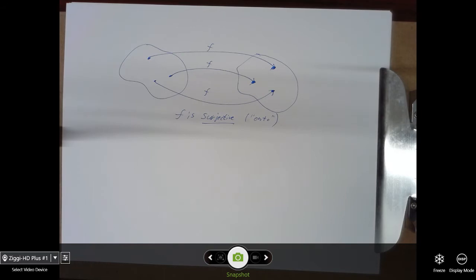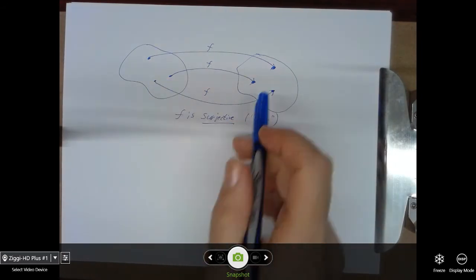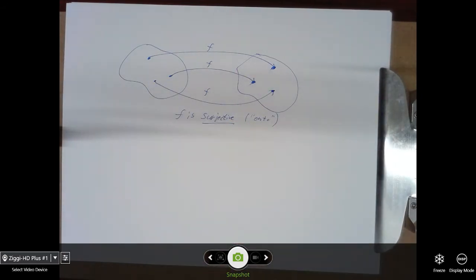So your example of x maps to x plus 1 on the natural numbers is not surjective, because nothing maps to 1, right? It would have to be 0, and that's not part of the domain. But if we map x to x plus 1 across all the integers, that is surjective. Every integer is equal to some other integer plus 1. So surjectivity is saying we map onto every piece of the codomain.